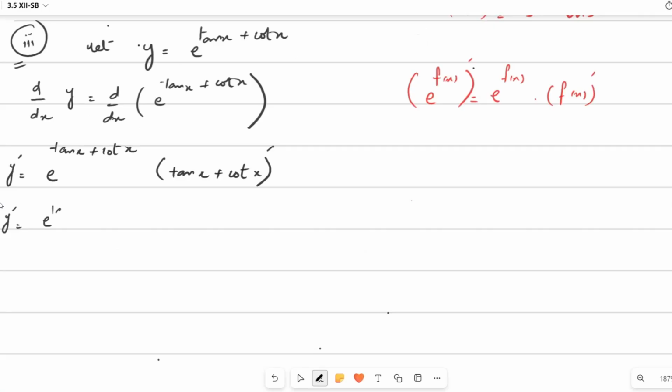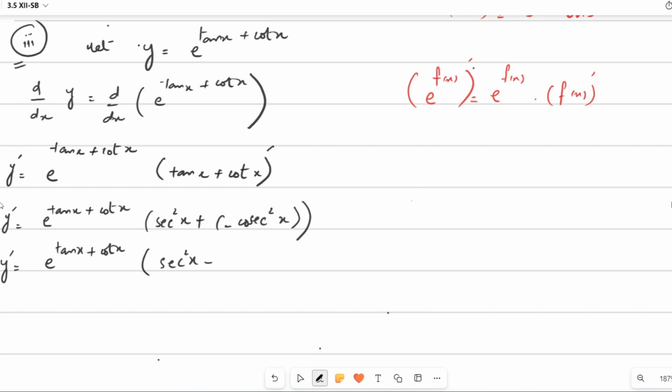So the derivative of tangent x is secant square x, plus the derivative of cot x, which is minus cosecant square x. So its derivative is equal to e raised to the power tangent x plus cot x, times secant square x minus cosecant square x.